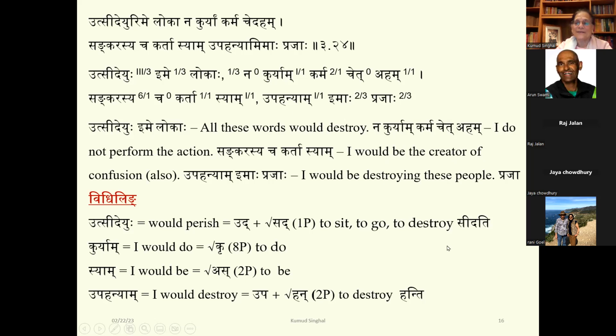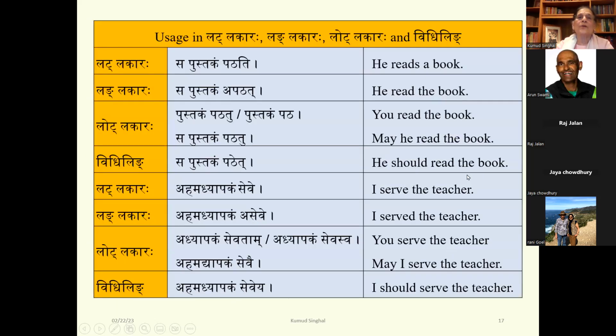Too many errors here. So this is a summary of these 4 lakaras which we have learned. Lat lakara: sa pustakam pathati, he reads a book. Lang lakara: sah pustakam apathat, he read the book.